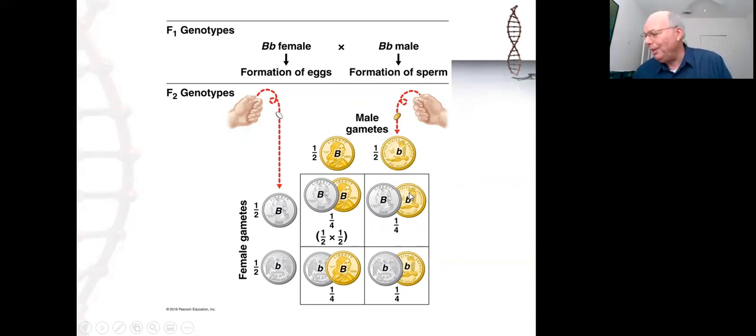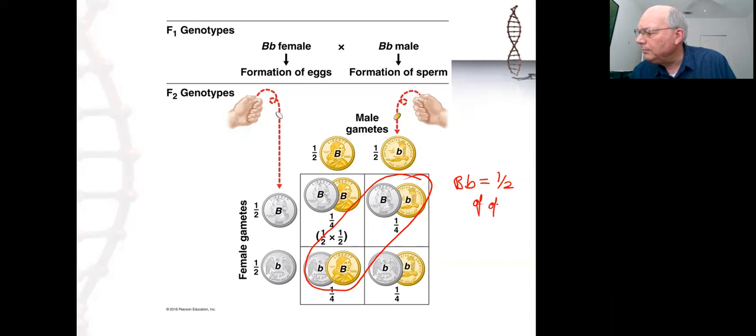Now, there is a little bit more. This is not covered in the book, but I'm going to give you a little bit more. These individuals, the big B, little b, equals 1/2 of offspring.